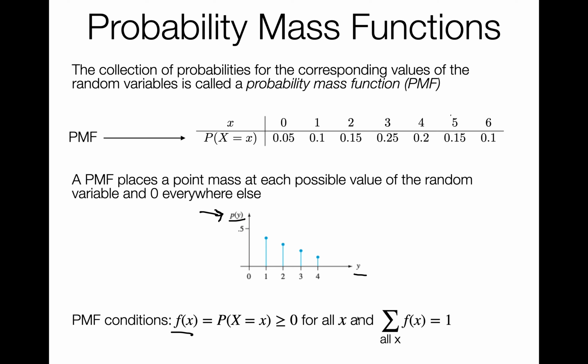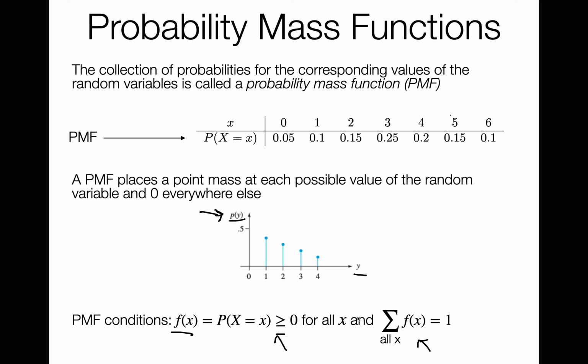But anyway, that's what we call the PMF. It's a function, right? And so f of x. The conditions that need to be true for the PMF to be valid are that any probability has to be non-negative, 0 or positive, and they all have to sum to 1.